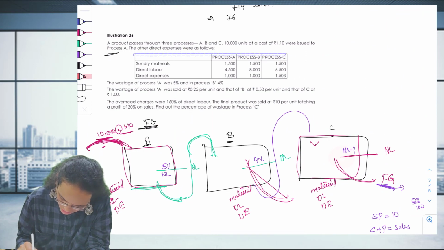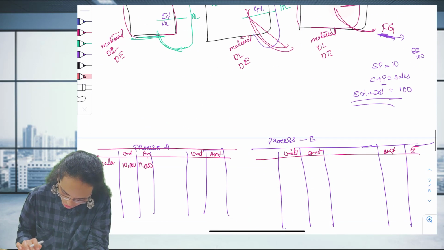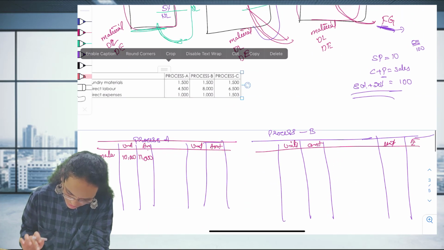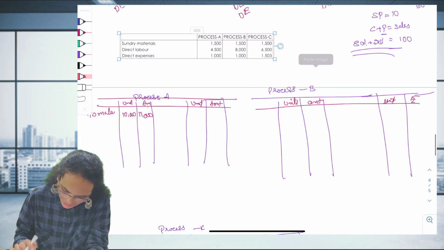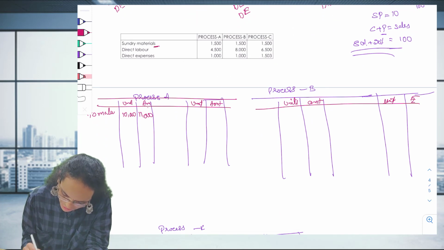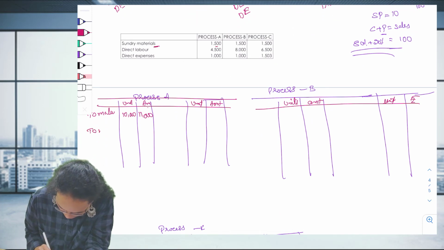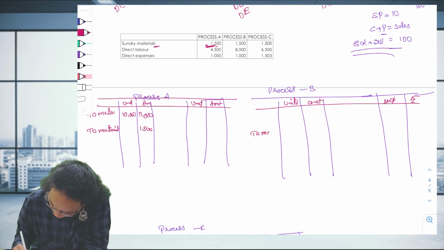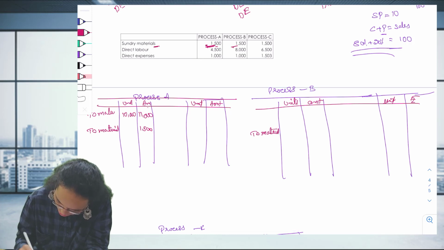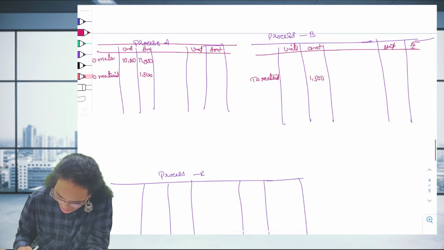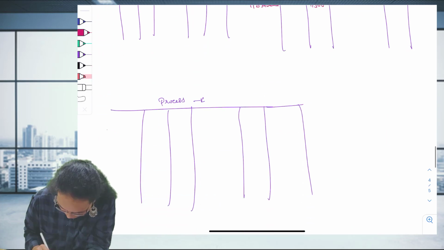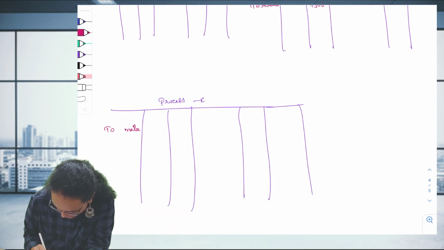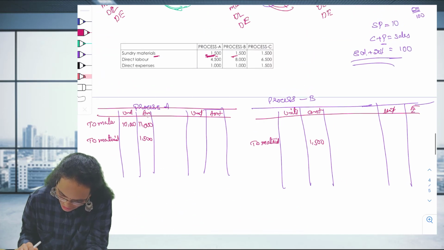Next, come back here. I'll take this one only, for your convenience. I'll copy and paste here. See here, material was introduced in process 1. To material, only amount, 1,500 in the first process. In the second process, to material, 1,500. In the third process, 1,500. Next, labor.